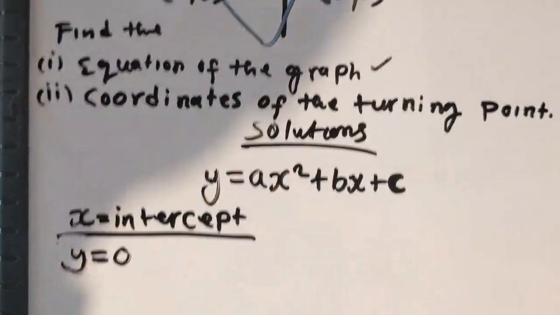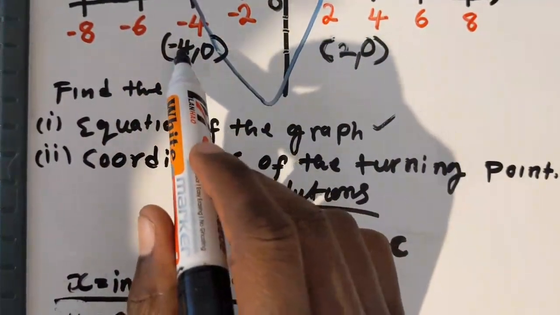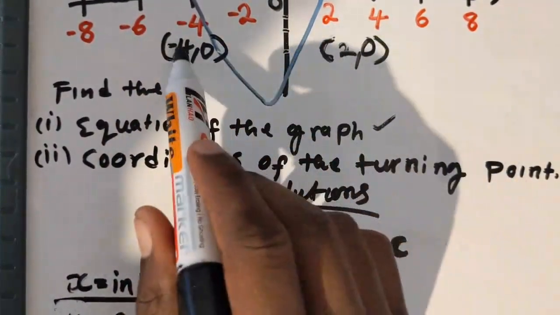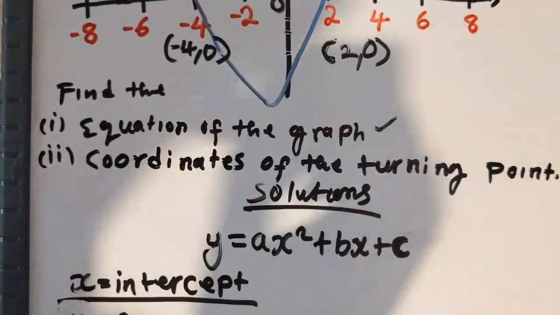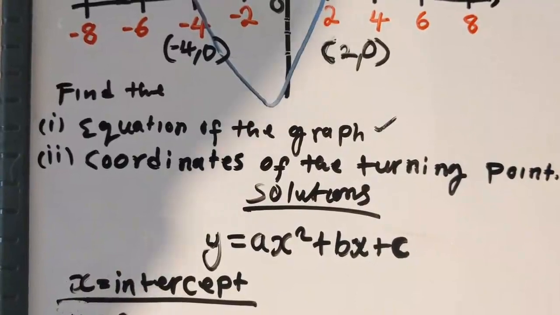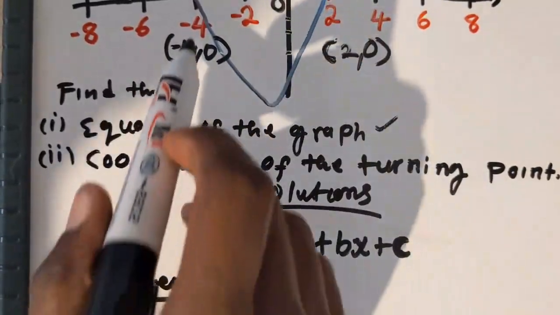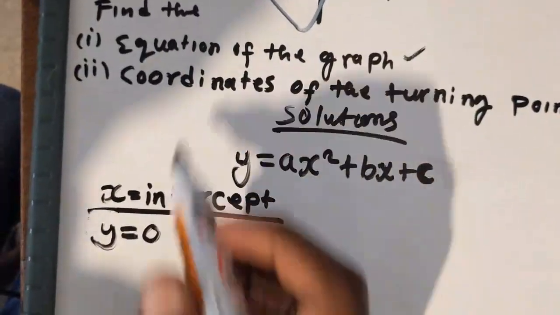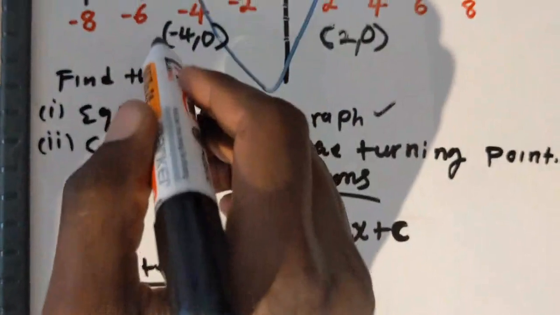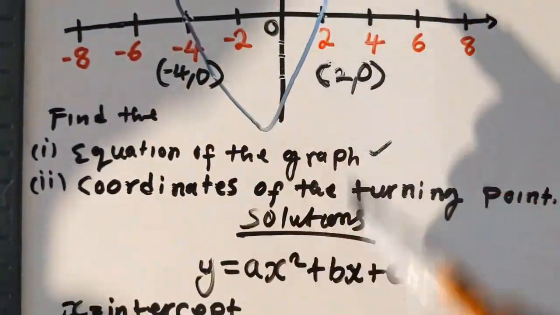And when you look at these coordinates here, we have -4 and +2. This is the x coordinate, and this is the x coordinate.